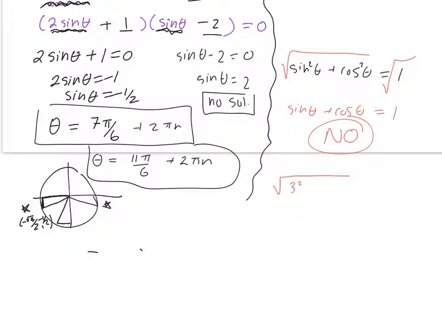Take 3 squared plus 4 squared. This is like order of operations: you do the stuff inside the parentheses first, and the square root sign acts like a parenthesis. So what's 3 squared? 9. What's 4 squared? 16. 9 plus 16 is 25, and the square root of 25 is 5.